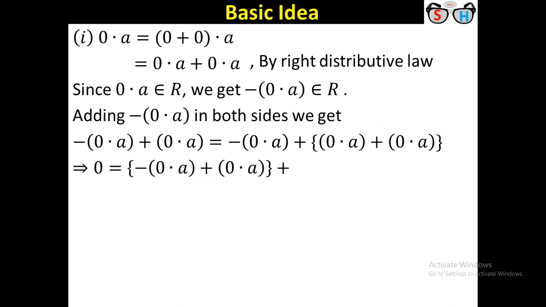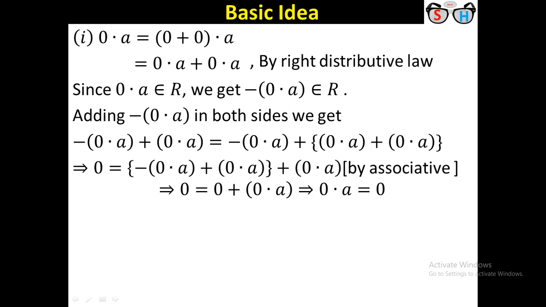Again this will be 0, therefore 0 equals 0 plus 0 dot a, that is 0 dot a equals 0. Thus we get a dot 0 equals 0 and 0 dot a is also 0. Therefore the first theorem is proved.